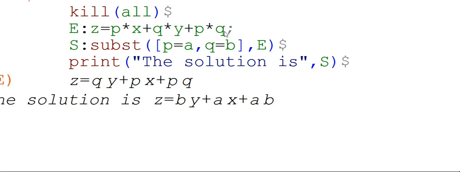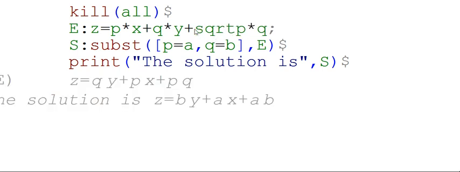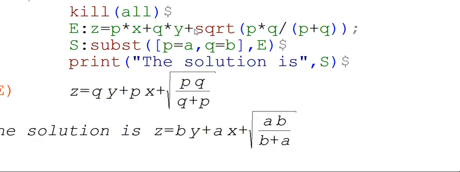So in this equation, only thing is I should change this in the program, and I'll get the output like this now. The given equation here is z is equal to px plus qy plus sqrt for square root of pq by p plus q.